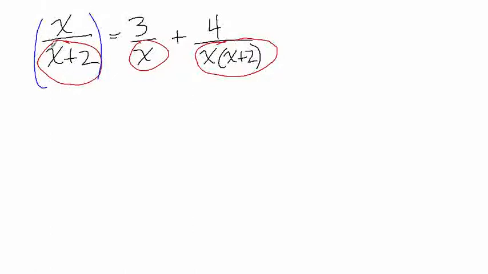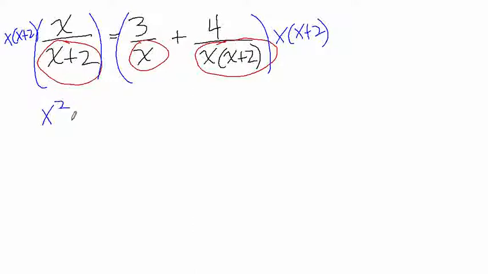So I'm going to multiply both sides by x times x plus 2. Then I'll go ahead and distribute. I get x squared on the left side, and on the right side I get 3 times x plus 2, and then I get just 4.